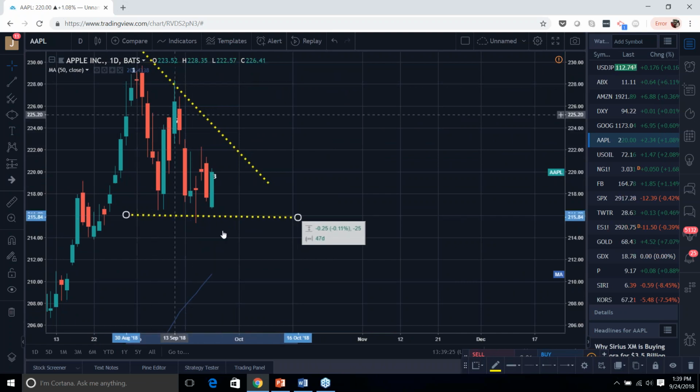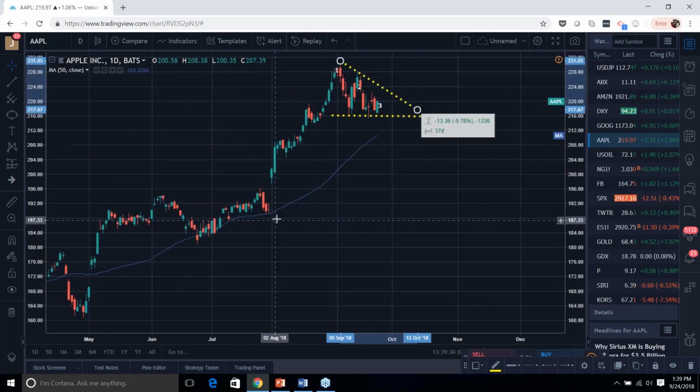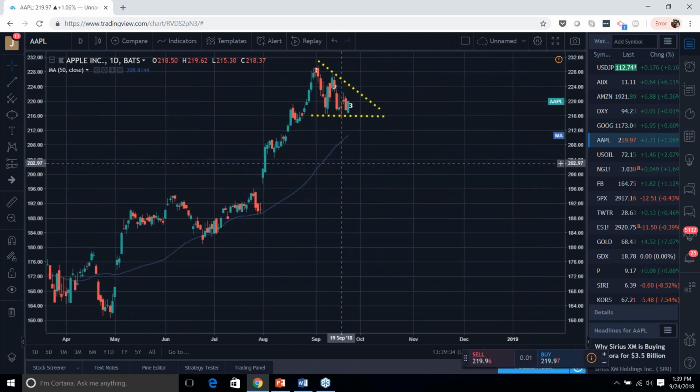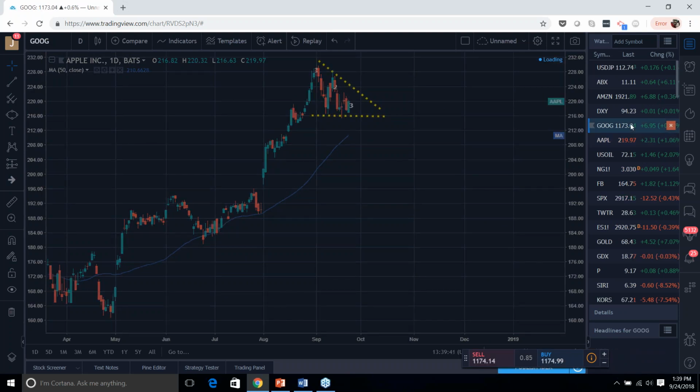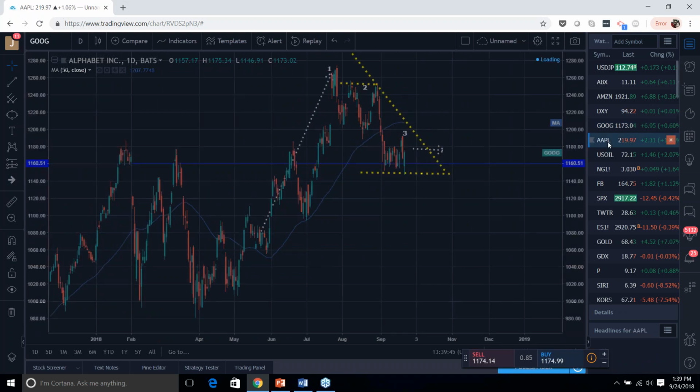The highs are getting progressively lower. You can see the triangle start to set up. Still well above the 50. So you got a mixed bag with your indicators here, but you can compare that now to what we just drew with Google. Again, a little different, but gives you some perspective.